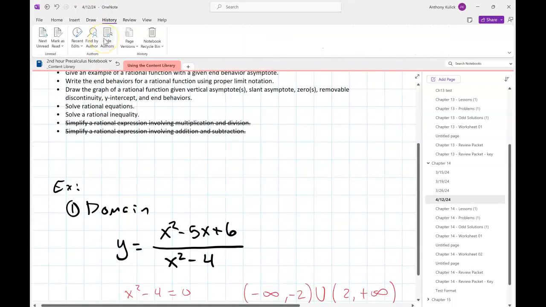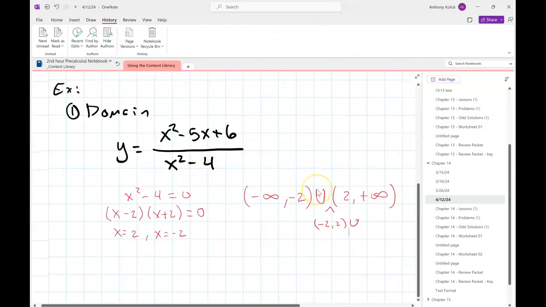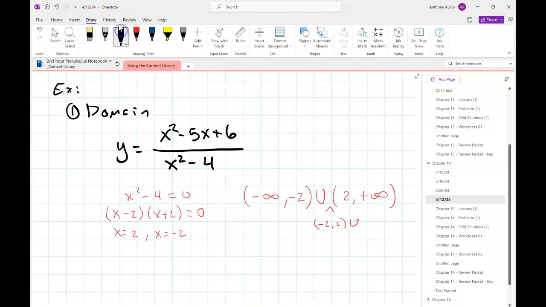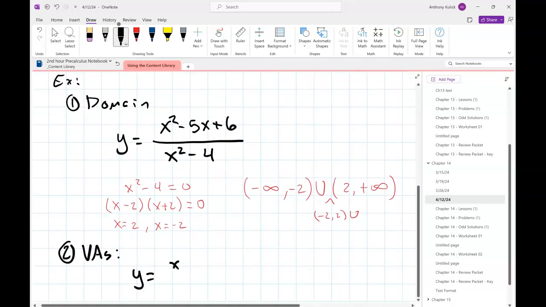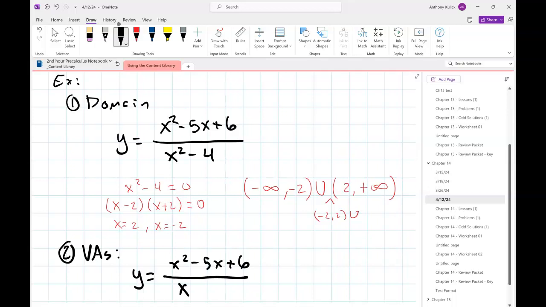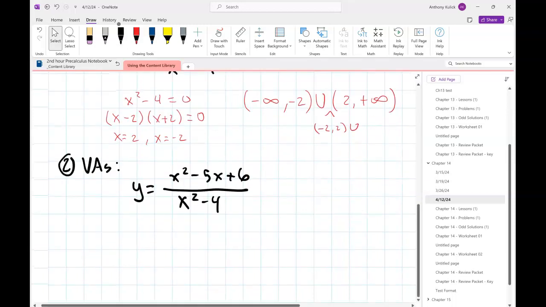Vertical asymptotes. Okay? So let's just do that for the same thing. So I'm just going to use that same rational function there. What do we have to do here?